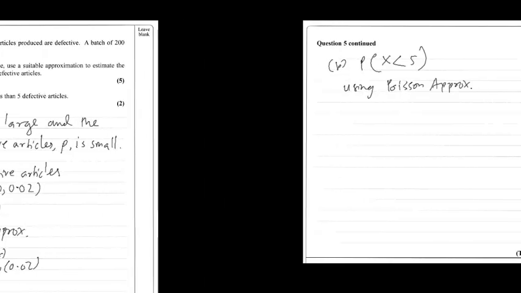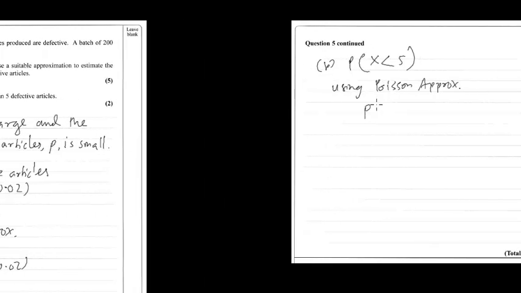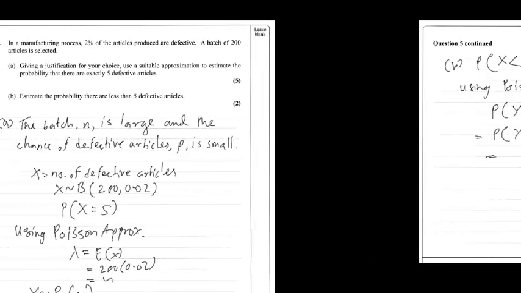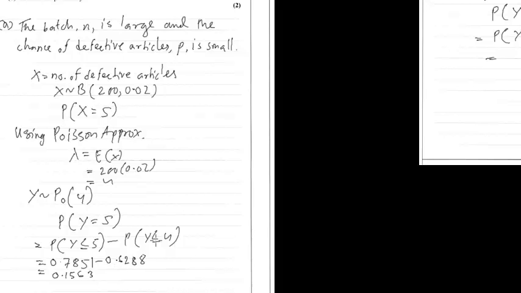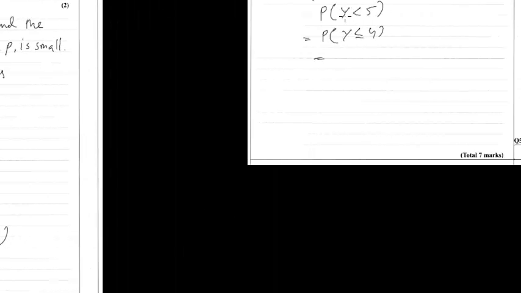You have to do the Poisson distribution. So probability of Y less than 5, that means probability of Y less than or equal to 4. We can just look up the table. I think we put the value here, that is 0.6288.